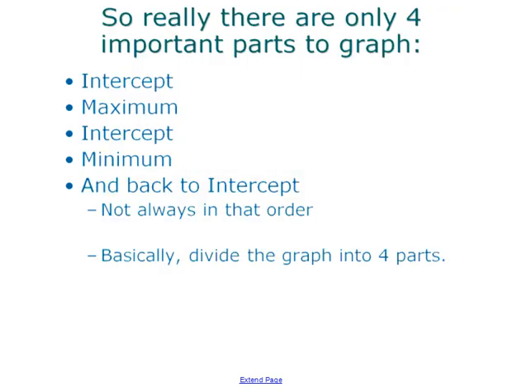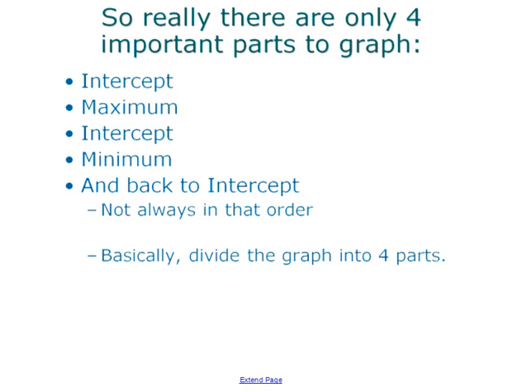So how we're graphing? First of all, knowing where its intercept is on the y-axis is important, because that's our starting point. And so then, from our starting point, it follows this basic pattern: intercept, maximum, intercept, minimum. It doesn't always start at the same place, but it will follow that pattern.